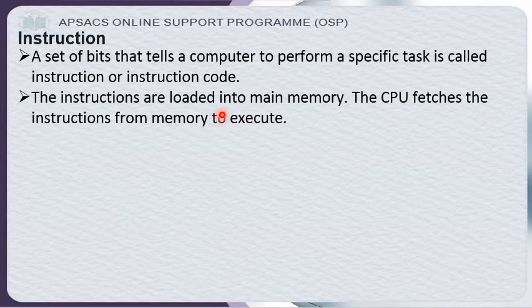These instructions are loaded into main memory, from where they come to the microprocessor. First they are loaded inside main memory, and from main memory these instructions are fetched from the memory to the CPU for execution.